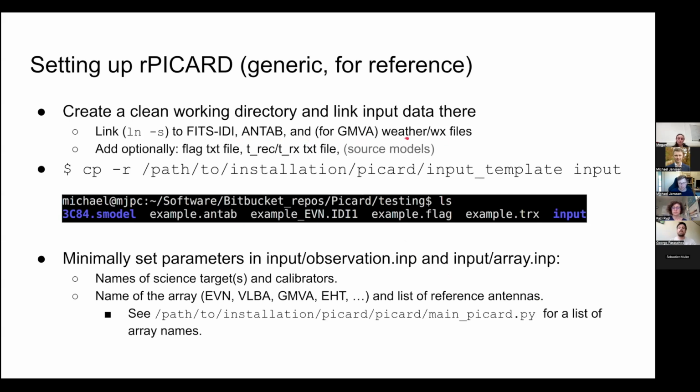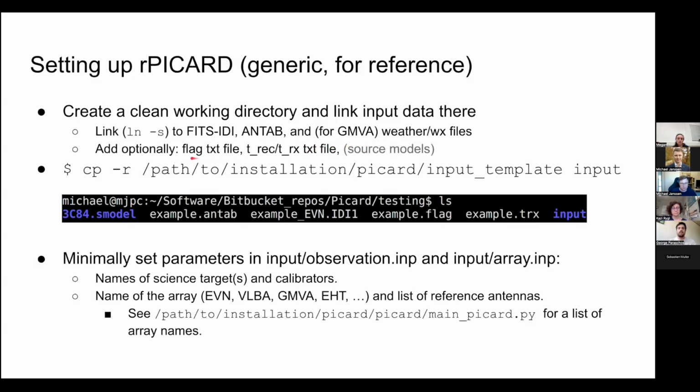For the GMVA, you also get weather data. So this is needed to do, later on, a correction for atmospheric opacity. So it's only needed for GMVA, not for the EHT, because this was done already at the telescopes.